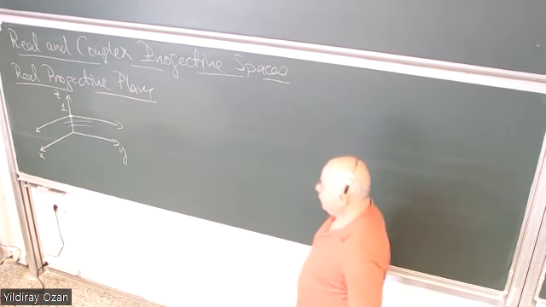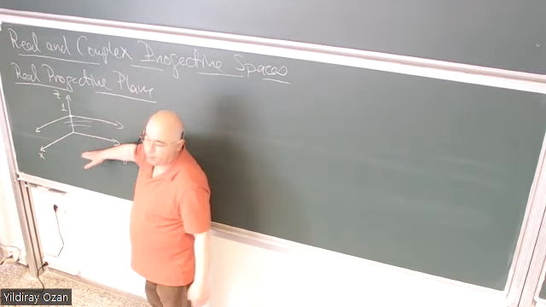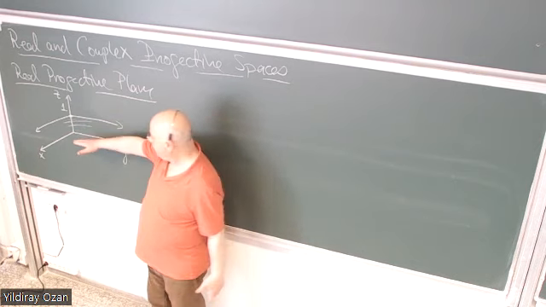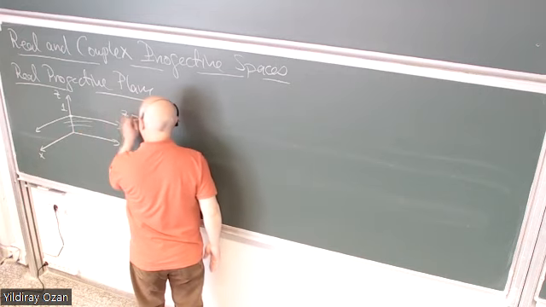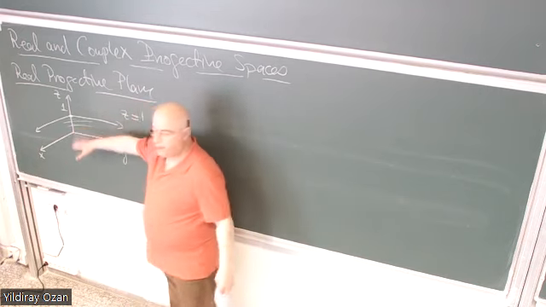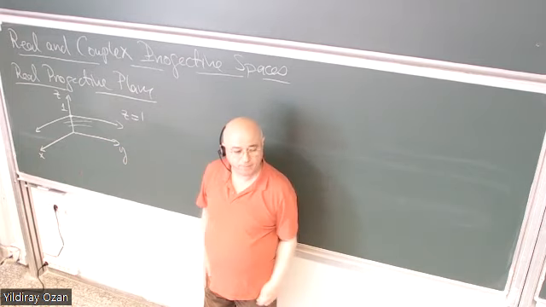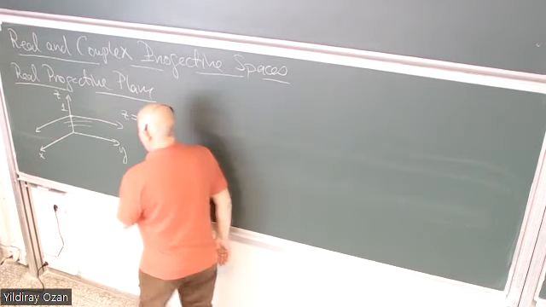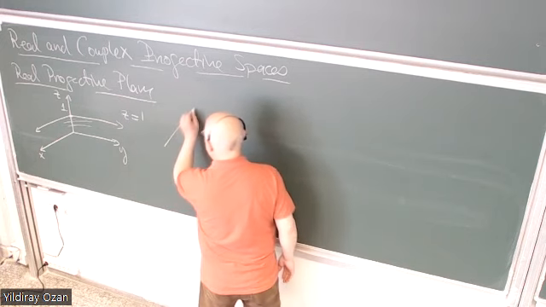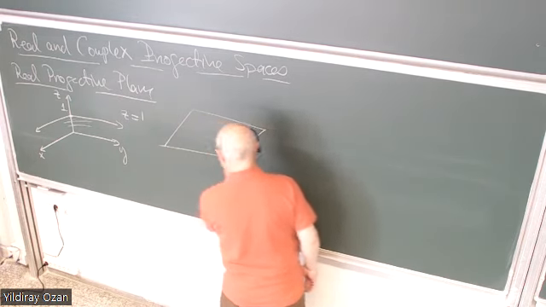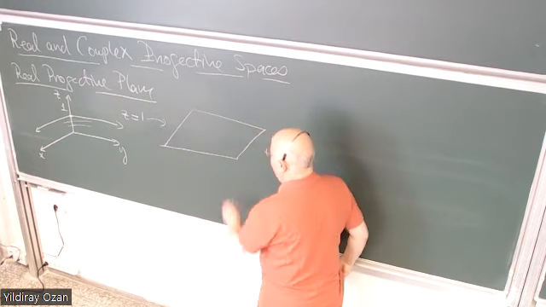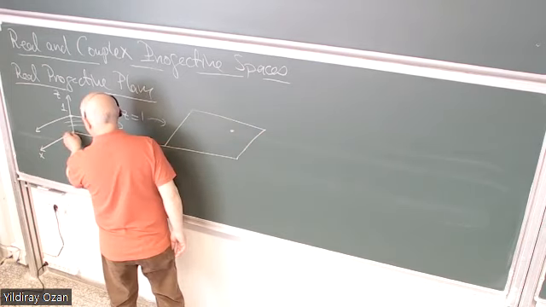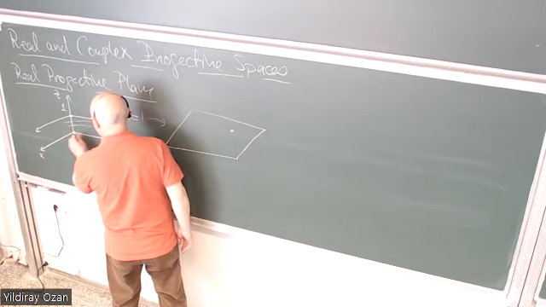Now, this plane is just a copy of this. Therefore, we may consider the plane z equals 1 as our Euclidean plane. Okay. But then we can do the following. Note that this plane is, let's say this one, z equals 1 plane, okay? Every point here can be connected to the origin via a unique line.